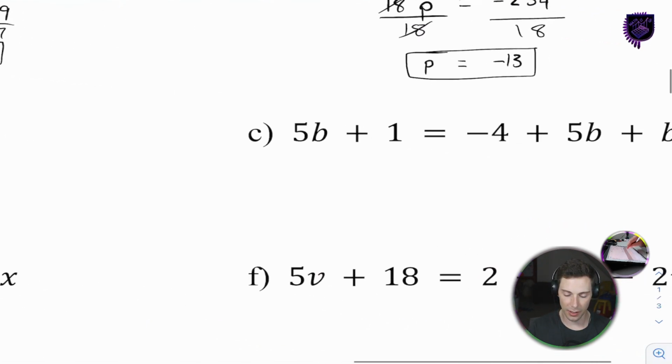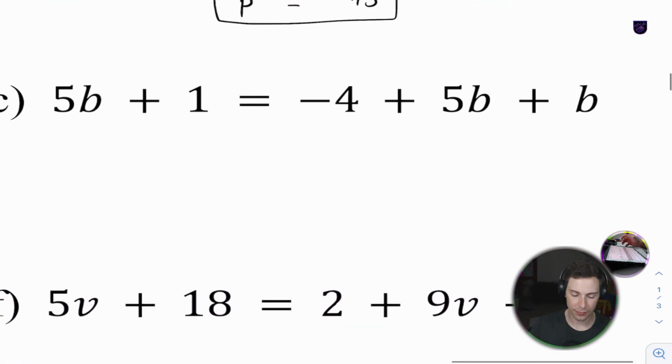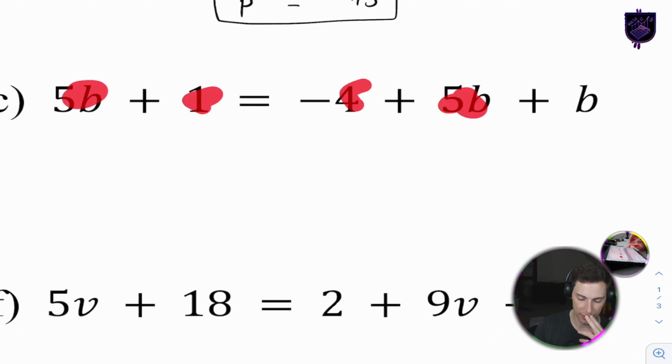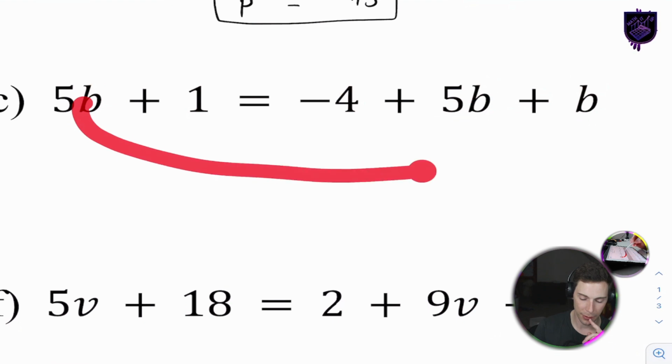Combining like terms again. Let's look at this one. It's longer. There is a variable on both sides and a constant on both. Two variables here. All right. I'm going to combine, and then I'm going to move this over.